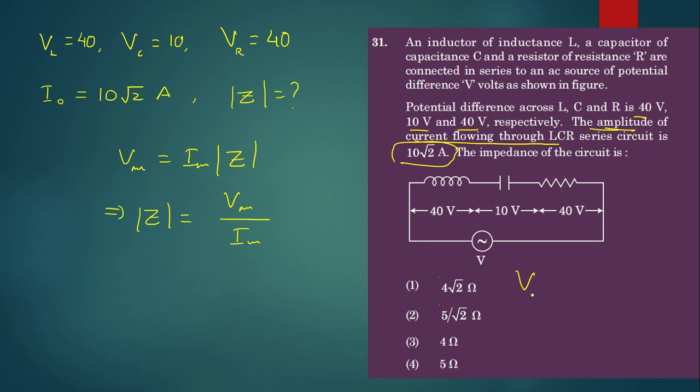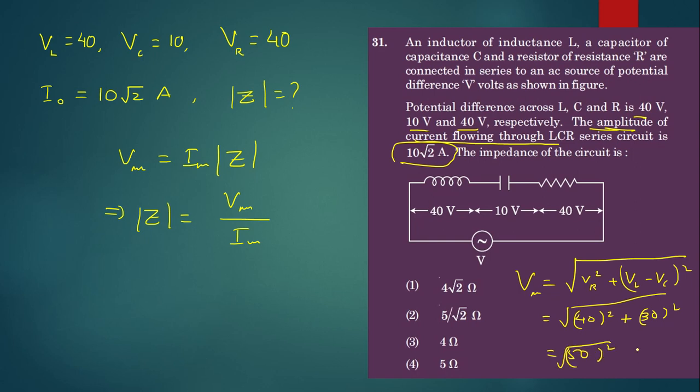Since all the voltages are given, I can calculate VRMS like this: square root of VR square plus VL minus VC whole square. VR is 40 and VL minus VC is 40 minus 10, which is equal to 30. So this will be the square root of 50 square, which is equal to 50. So VRMS is 50.